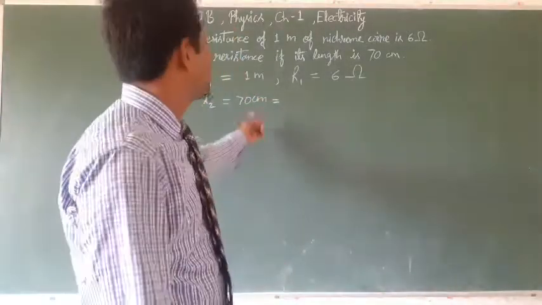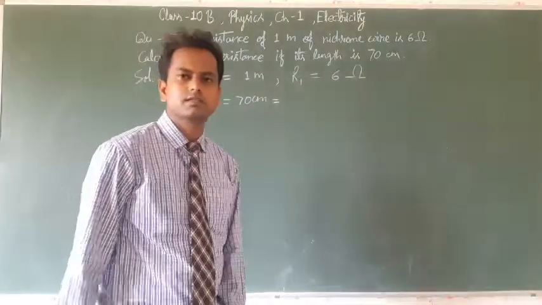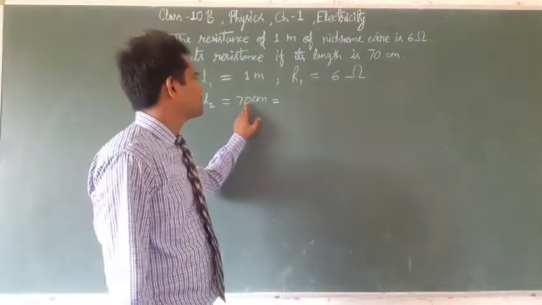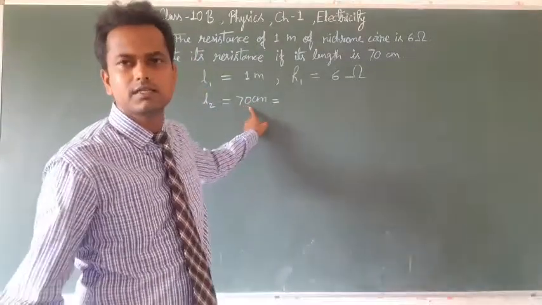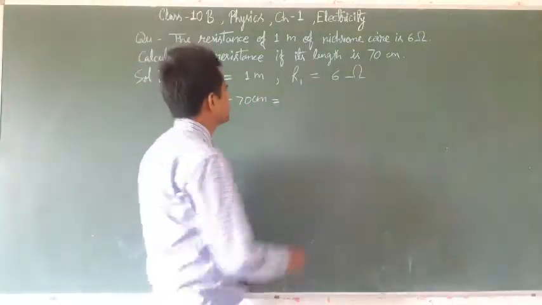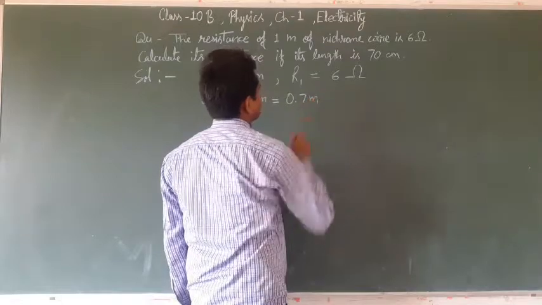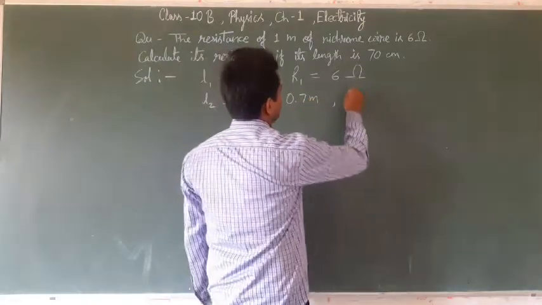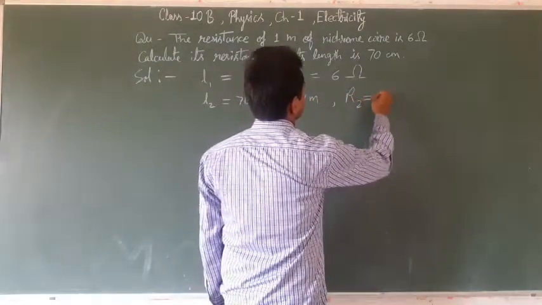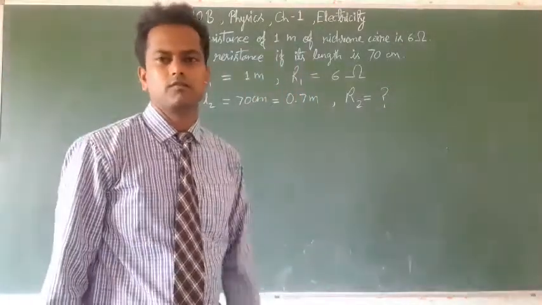So you have to convert this unit into meter. SI unit is meter. So if you want to convert 70 centimeter into meter, then you have to divide by 100. Then you will get 0.7 meter. Now R2 you have to find out. The resistance you have to find out.